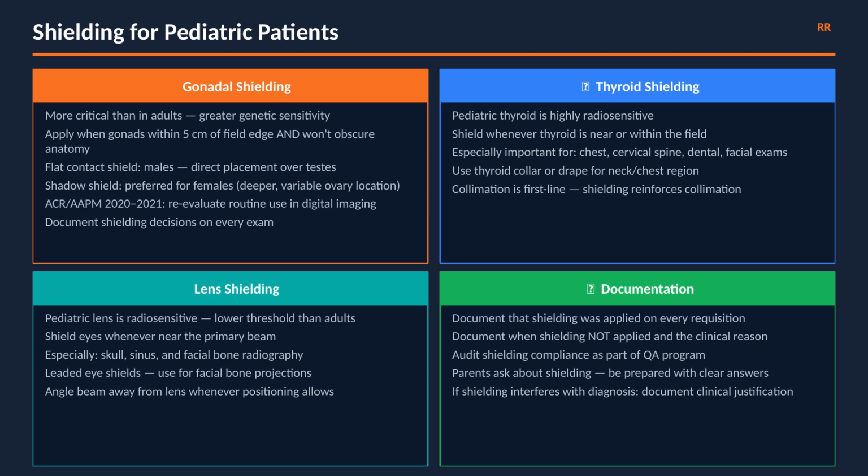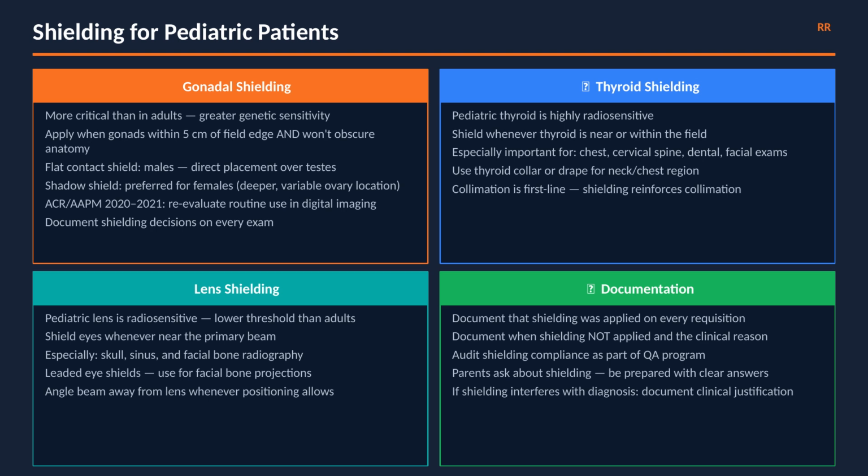Note, the ACR and AAPM issued updated guidance in 2020 and 2021, recommending re-evaluation of routine gonadal shielding in digital imaging. Institutional policies vary. Know the clinical rationale. The ARRT still tests the traditional standards.